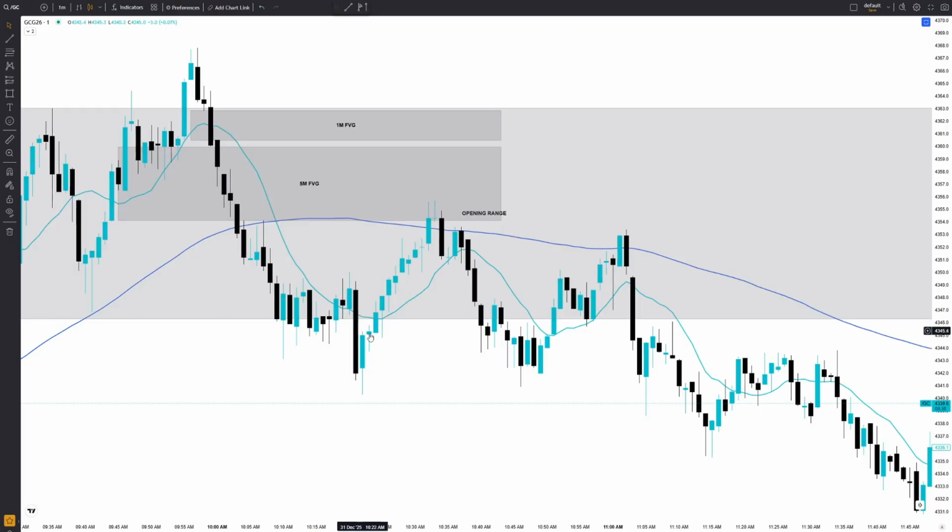It caught all the people trying to get the opening range break, right? It killed all of them, took their stuff clean out, right? Came right back to the 5-minute fair value gap, and it rejected. You see it wicked out. What did it do? It rejected the 5-minute fair value gap, showing that this is a strong fair value gap.